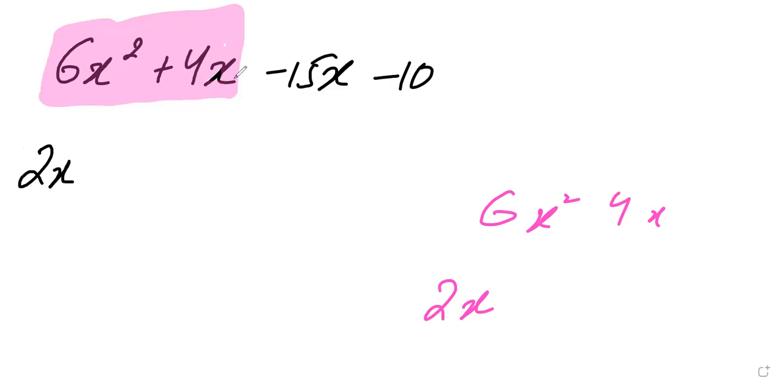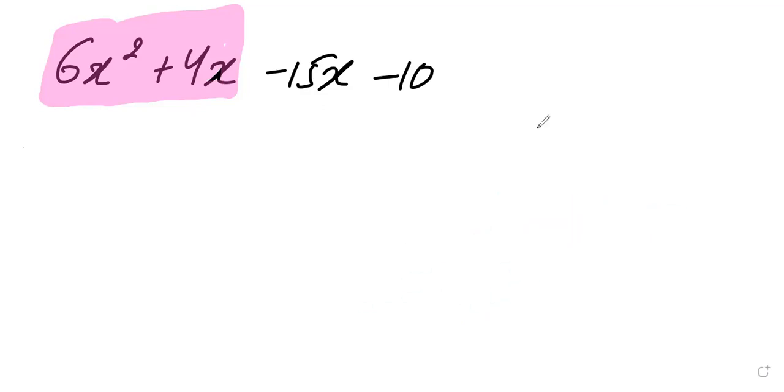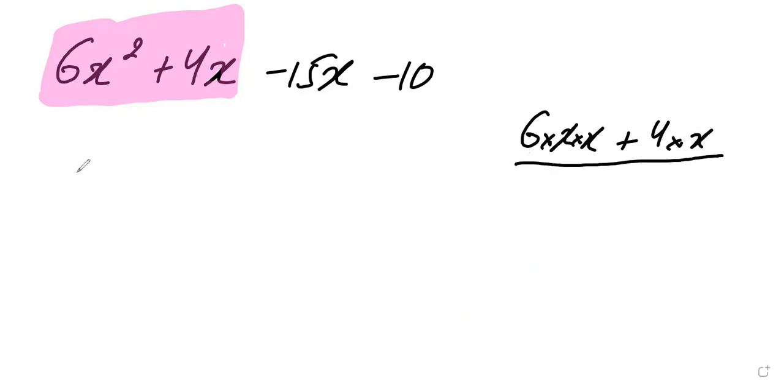So the first pair is 6x square plus 4x. We know that 6x square means 6 into x into x, and 4x means 4 into x. Basic algebra. Our common factor this time is 2 and x. This common factor divides the first term and the second term also.